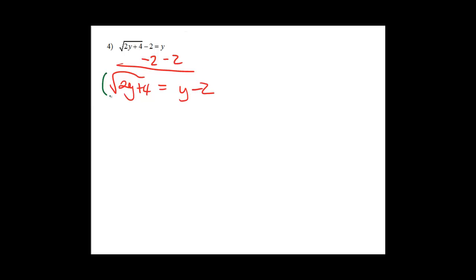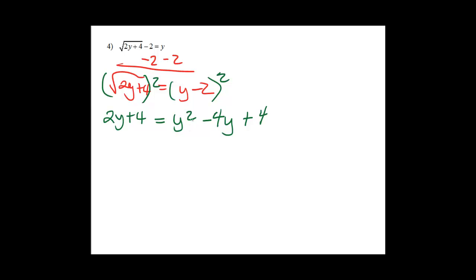Then I'll square both sides, and this will just be 2y plus 4 equals y squared minus 4y plus 4.